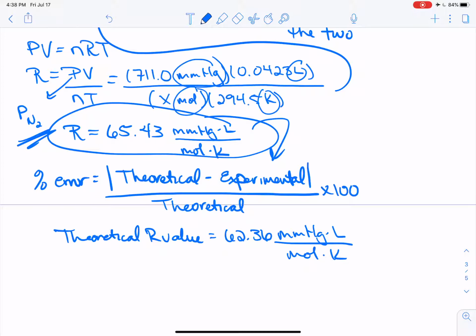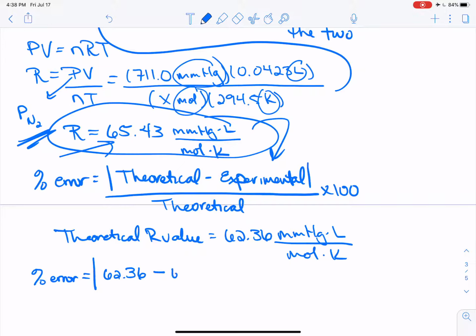So how we would do the percent error for this made up value right here is we'd say that our percent error is equal to the absolute value of the theoretical, which is 62.36, and all of the units are going to cancel out, so I'm going to leave it off just to save some space here.